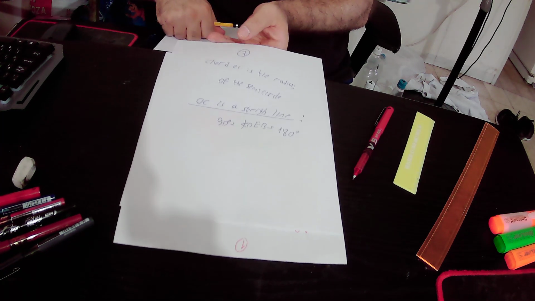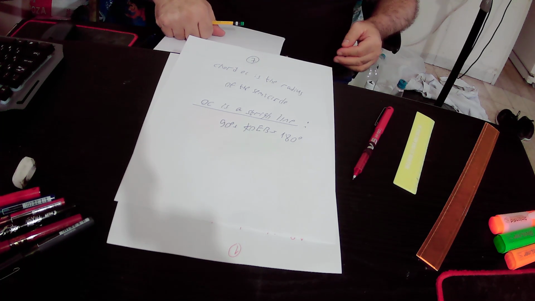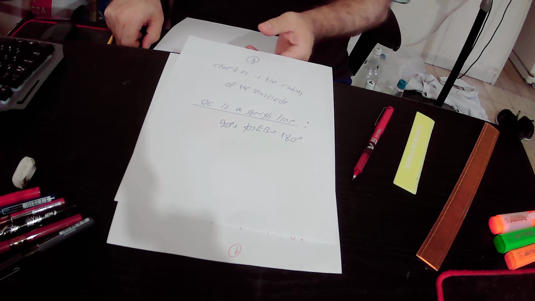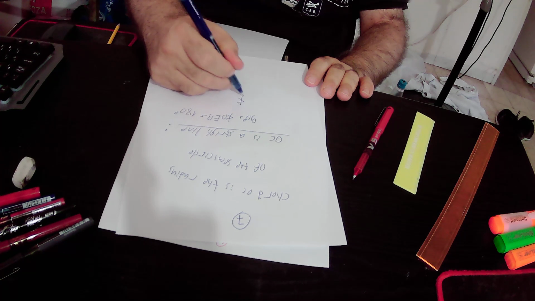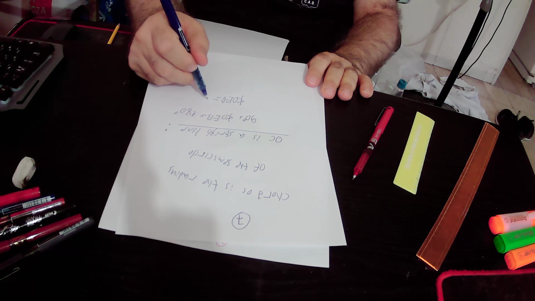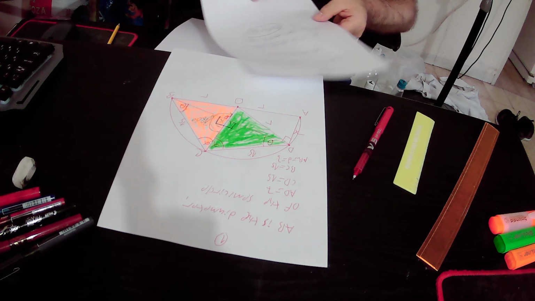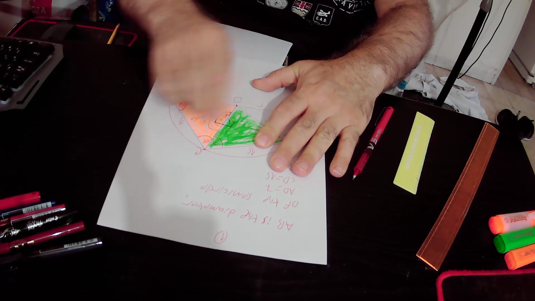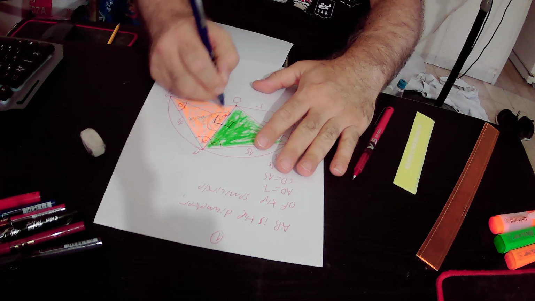So we got this equality that states that 90 degrees plus angle OEB equals 180 degrees. Here we can subtract 90 degrees from this equality, and we will get that the value of angle OEB equals 180 degrees minus 90 degrees, which is 90 degrees. So we found out that this angle is a right angle.